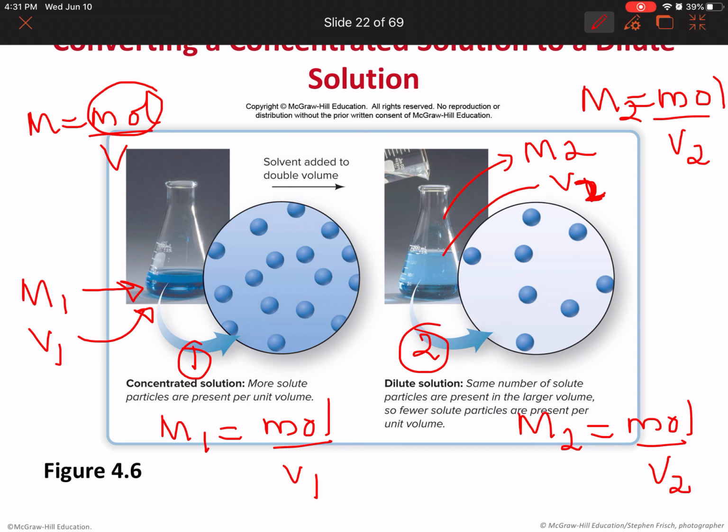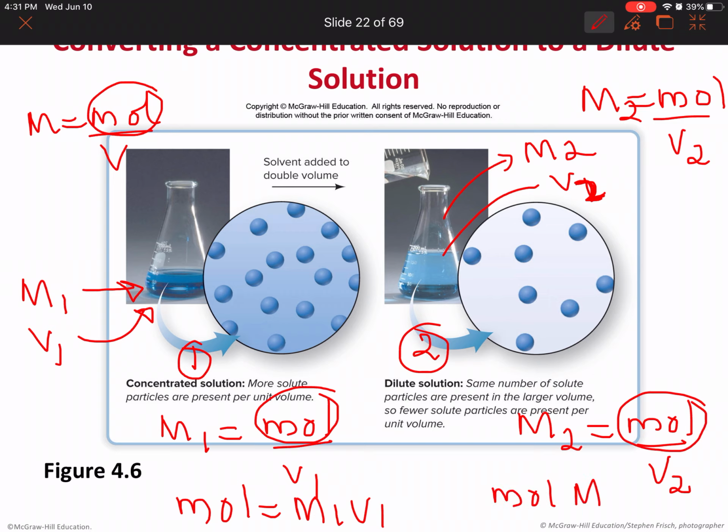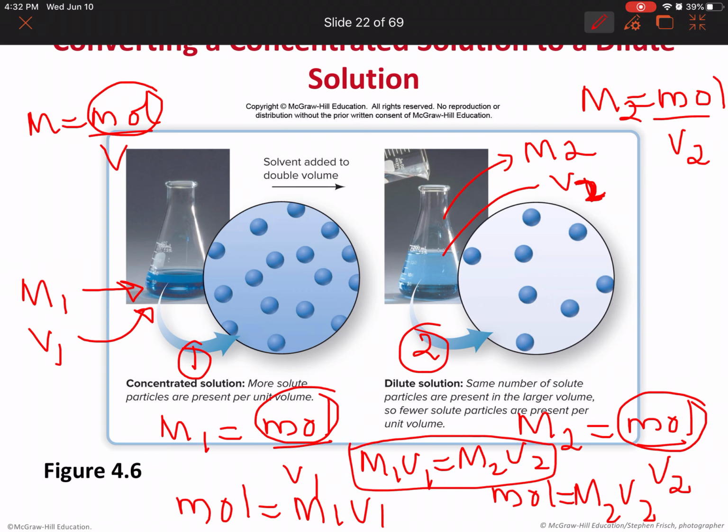So the number of moles would be M1V1. How about this number of moles? That's going to be M2V2. But we know they have the same number of moles. So that is the origination of the dilution equation, where M1V1 equals M2V2.